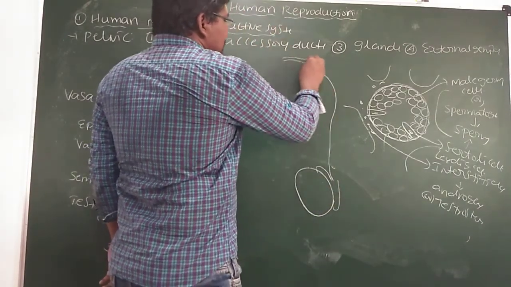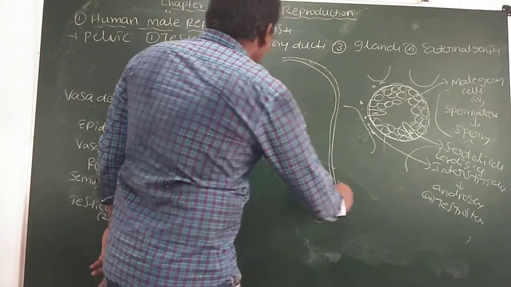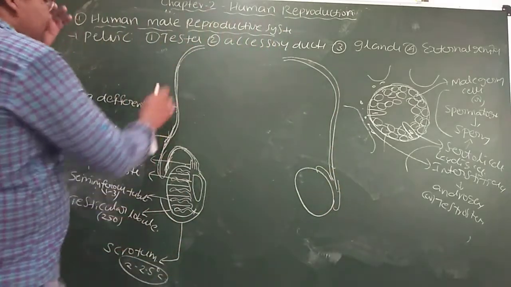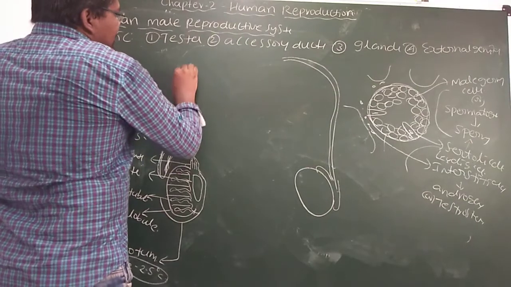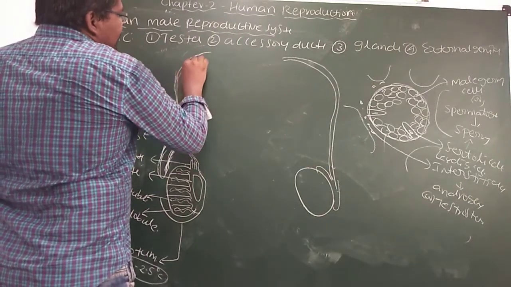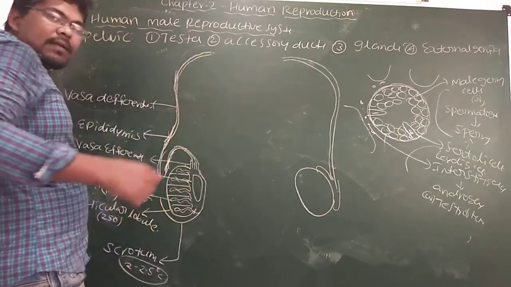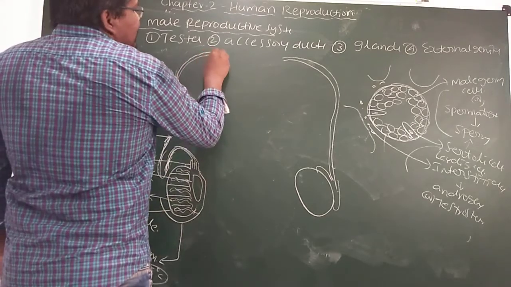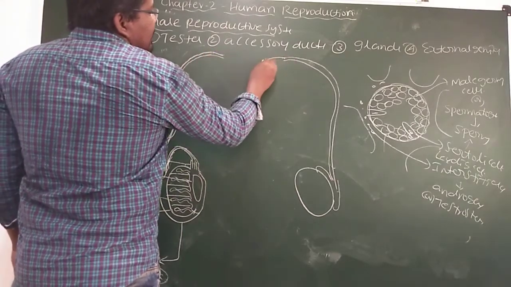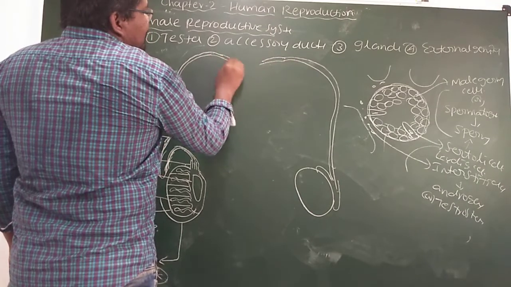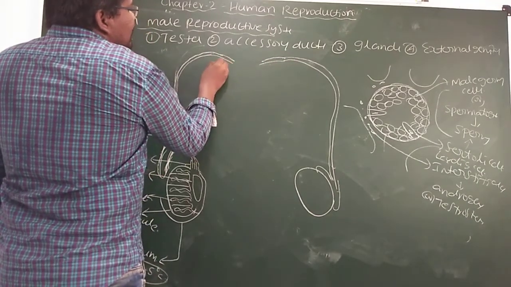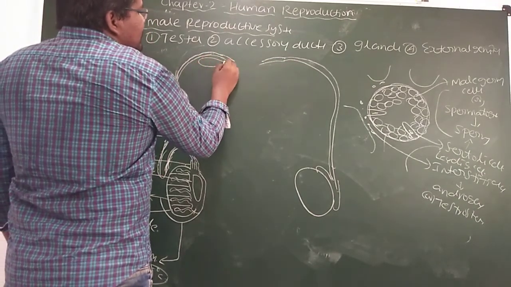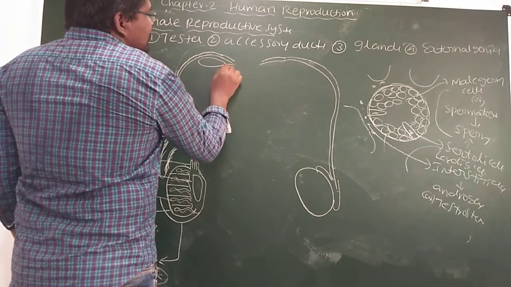This is the vasa deferentia. Again, what happened here? This vasa deferentia enters into the abdomen region. There in the abdomen region, it will receive the duct which arises from seminal vesicle.